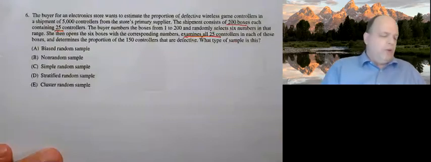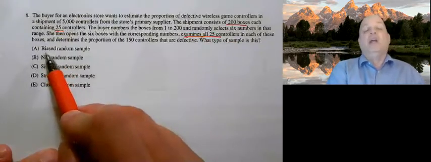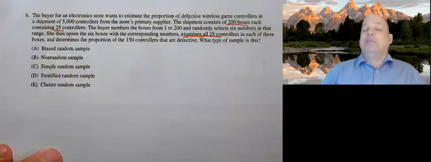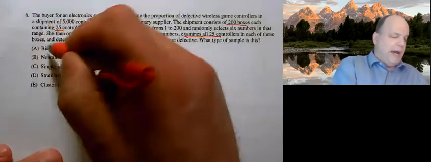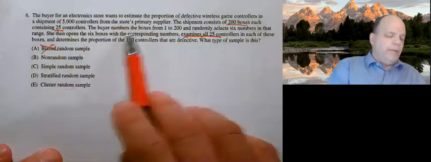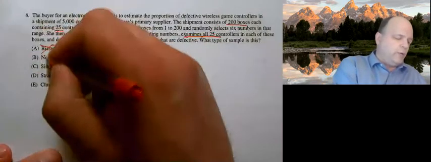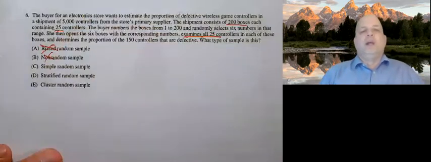Well, there's no reason to think this was biased. Besides, there's no such thing as a biased random sample. You can take a random sample with bias, but generally speaking it's a bad idea to put those two words together, because randomness helps eliminate the bias part. We definitely use randomness because we numbered from 1 to 200 and randomly selected, so it's not non-random. Simple random sample?